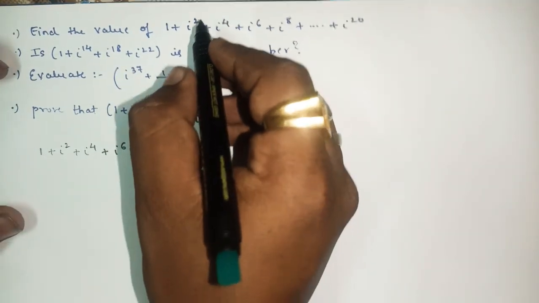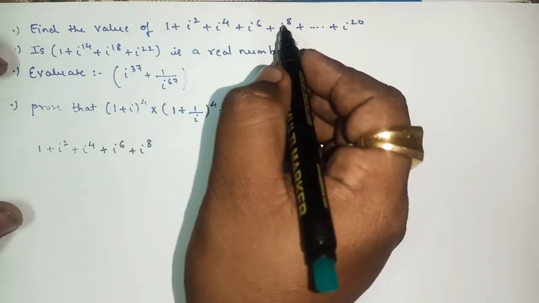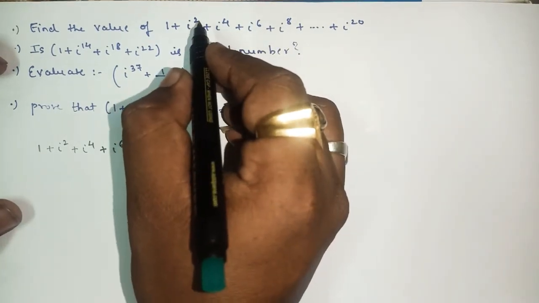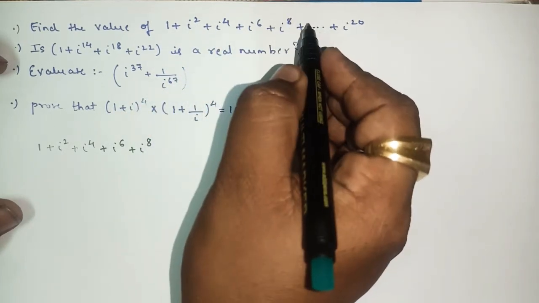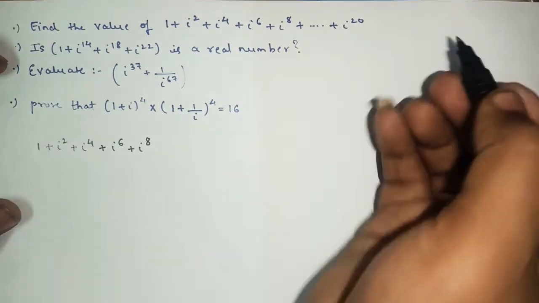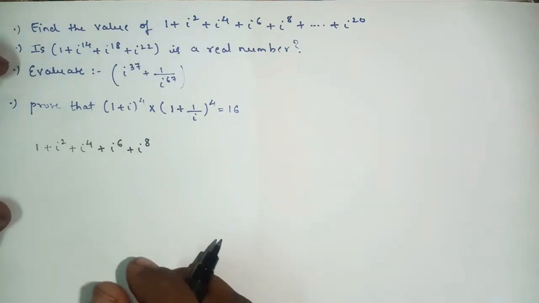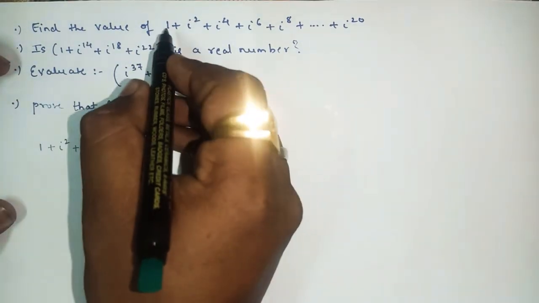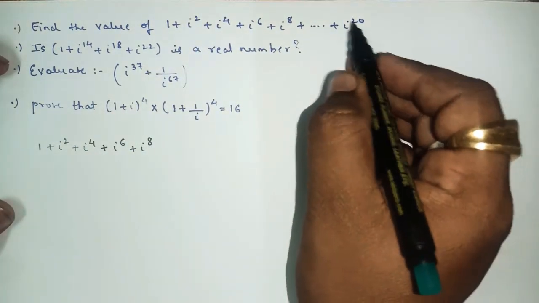Here clearly we can see that we have I square, I raised to 4, I raised to 6, I raised to 8. So clearly we have the even numbers 2, 4, 6, 8. So of course the next numbers will be 10, then 12, 14, 16, 18, and then 20. Yes or no? So here we have to find the value of 1 plus I squared up to I raised to 20.